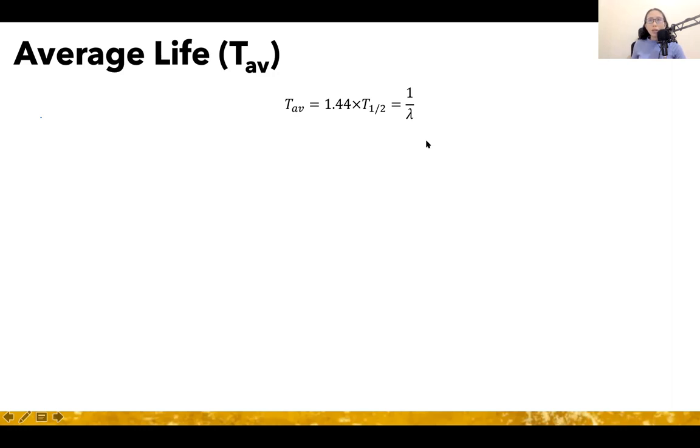It is possible that in a certain sample, you have one radioatom that underwent the nuclear reaction earlier than another. It means that their starting points are quite different, so the intervals for which the individual radioatoms remain in existence are different. So we can also quantify this in terms of the average life.